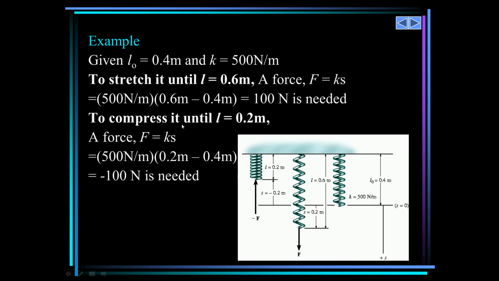To compress it until L equals 0.2 meter, F equals ks equals 500 Newton per meter times 0.2 minus 0.4. What we obtain is negative 100 Newton, which means a push force to reduce the length of the spring.